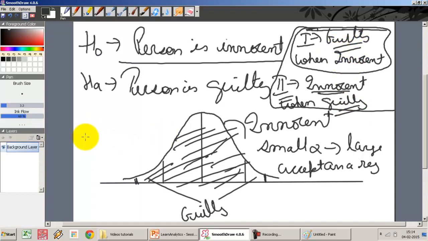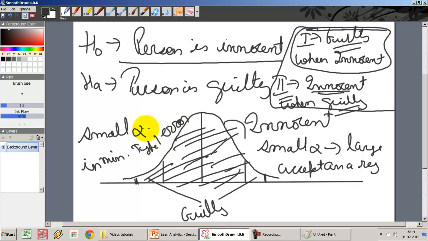So in this case, a small alpha is actually more helpful in minimizing a type 1 error. Unlike a disease test in which we go with large alphas, in a legal case, especially a criminal case, we might want to go with a small alpha.